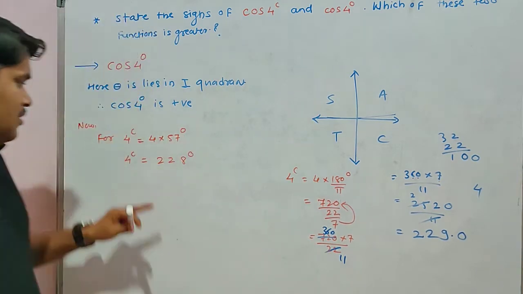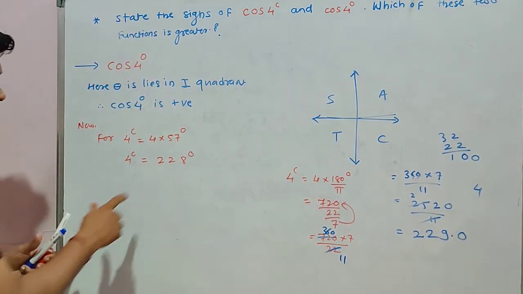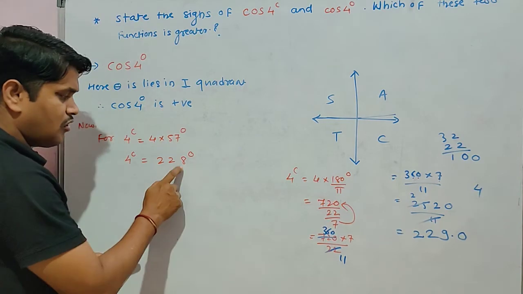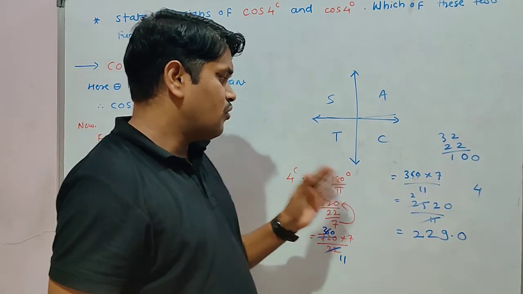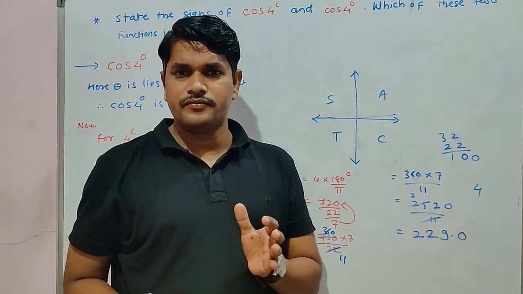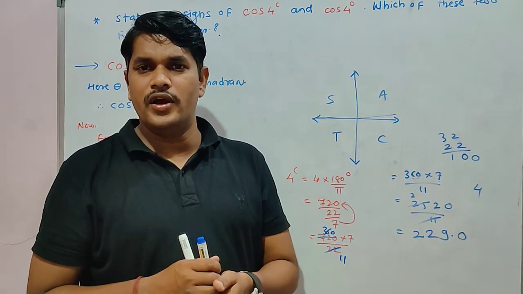So the approximate value is 228. So 4 radian is 228 or 229 degree, which is close to 180 degree.